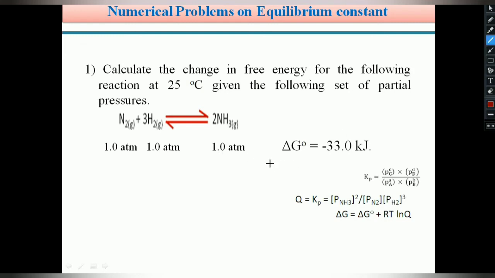Students, we already know the relations for a gaseous phase reaction.